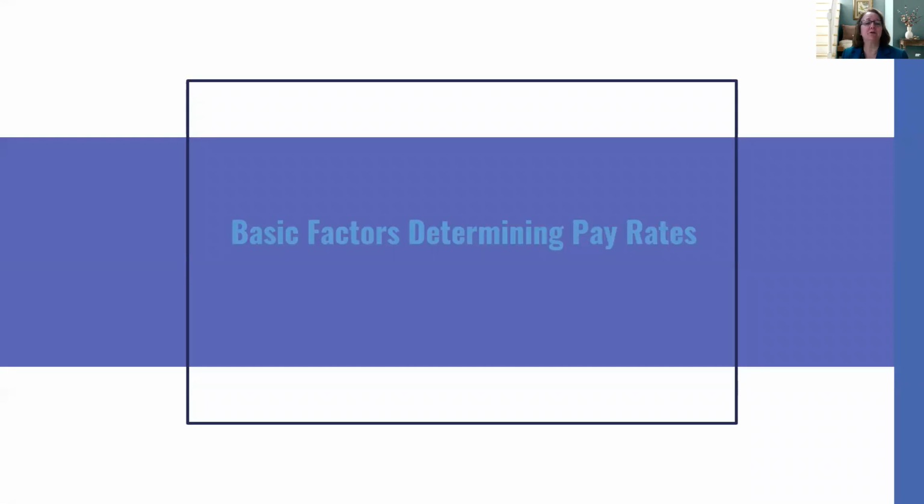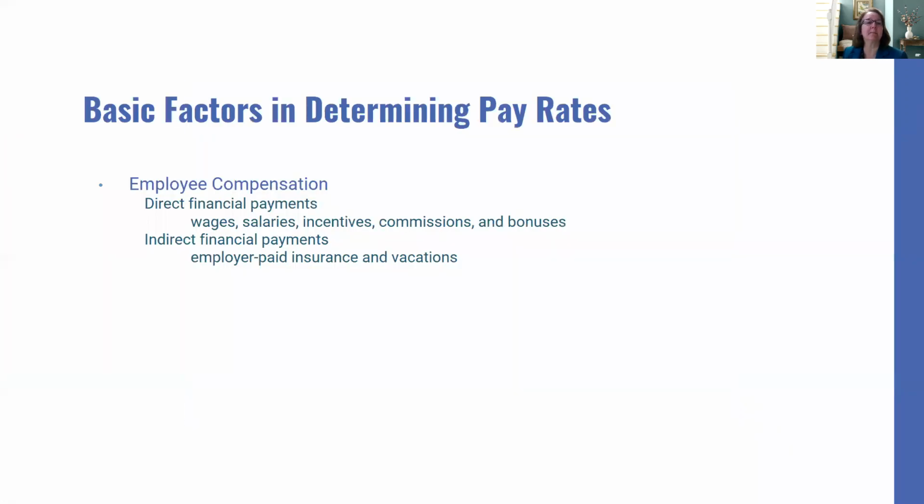So the basic factors determining pay rates. Employee compensation refers to all forms of pay or rewards going to employees, so both financial payments and indirect payments.